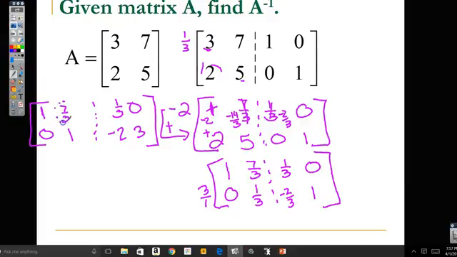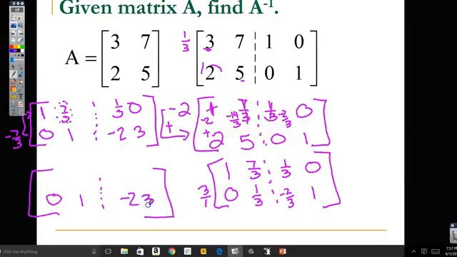We just need this to go to 0. So if I multiply by the opposite and add it back to it, the bottom's not going to change. So negative 7/3 times 0 is 0, plus 1 is 1.